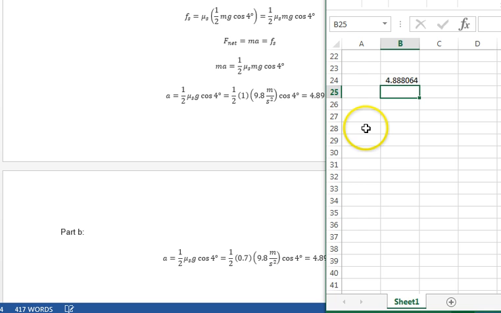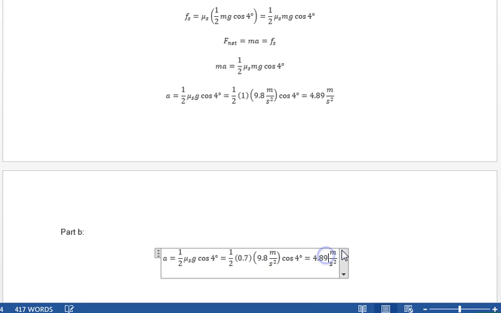It turns out to be 0.7. So I'm going to take 0.5 times 0.7 times 9.8 times the cosine of the radians of 4 degrees. All right, 3.42 meters per second squared.